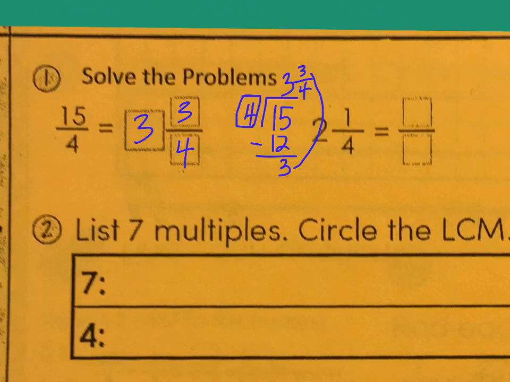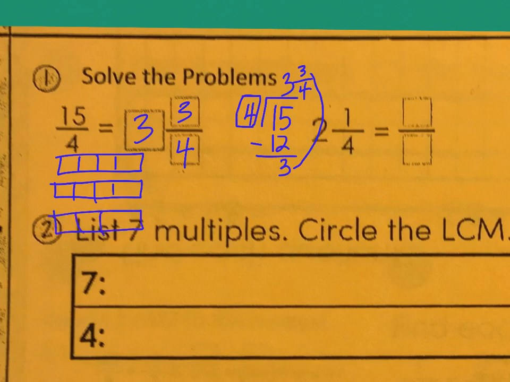Okay, so what that is really saying is if I had 15/4, that's broken into fourths. That's 4 of them. That's 8. That's 10.